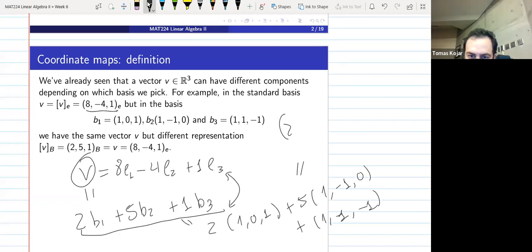So I have 2 plus 5 plus 1, then minus 5 minus 1, and then 2 minus 1.